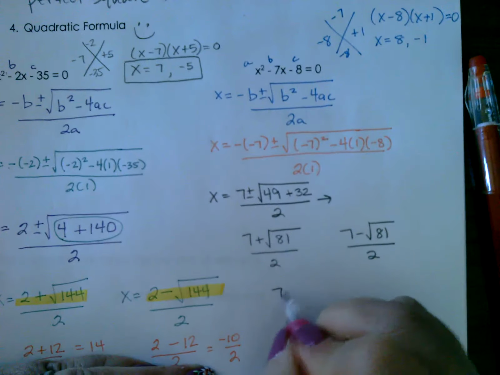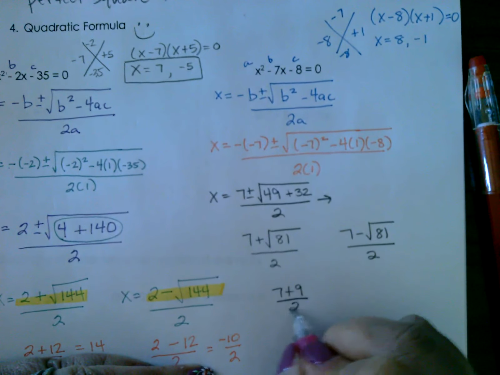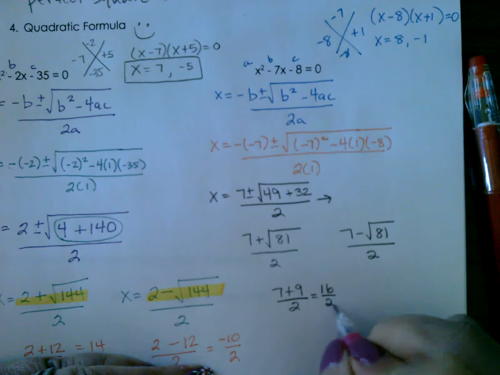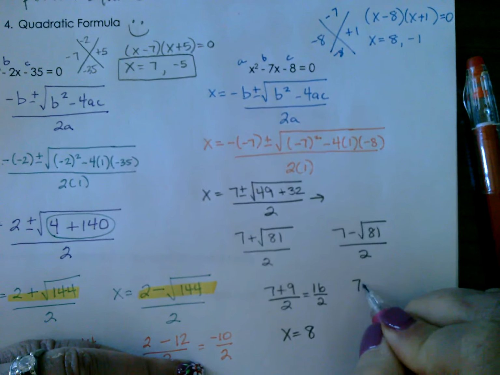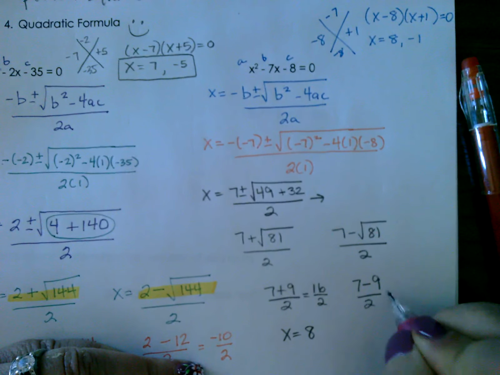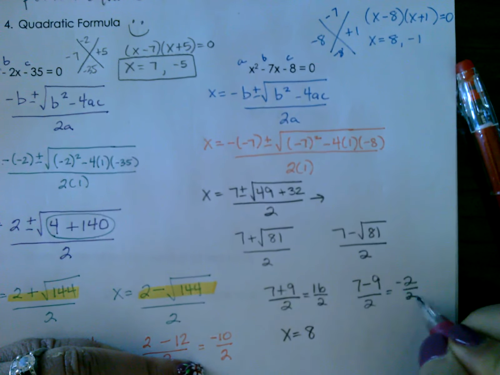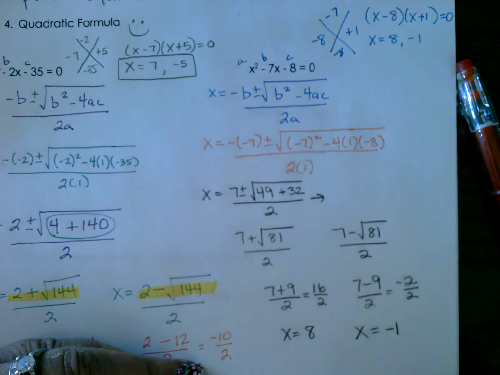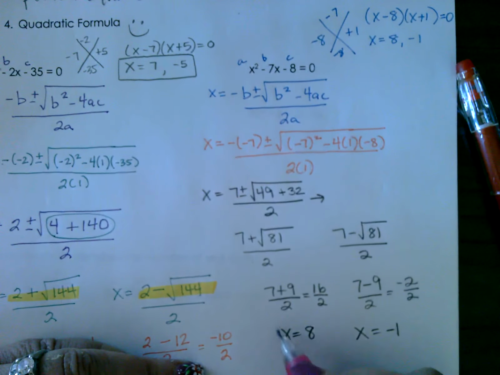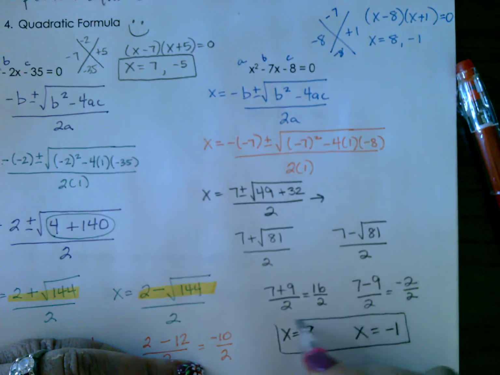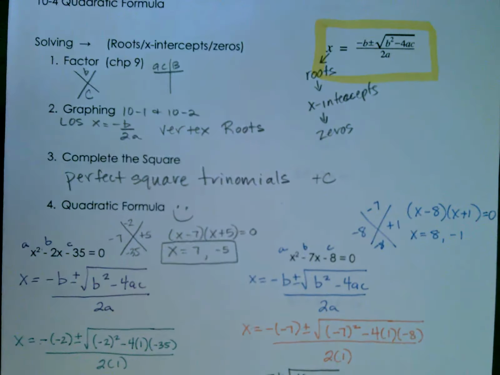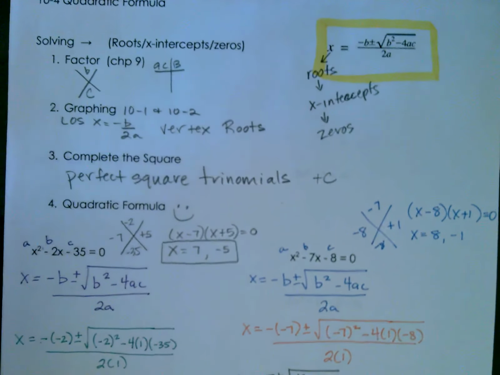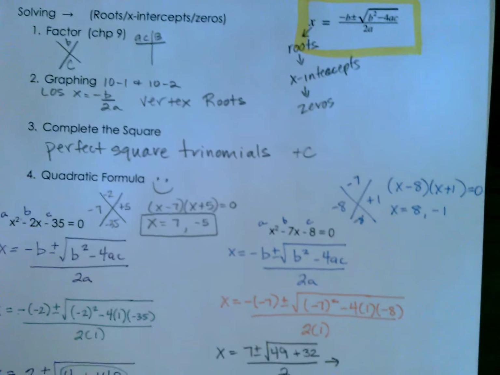Working very carefully, 7 plus 9 divided by 2, 16 divided by 2 is 8. 7 minus 9 divided by 2 is negative 2 divided by 2, and I would get negative 1. Again, please always use your method. We have multiple choices on how to solve: factoring, graphing, completing the square, and now the quadratic formula. You may choose any method you would like.